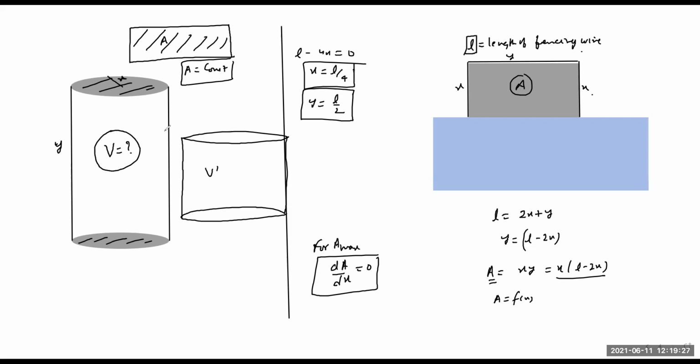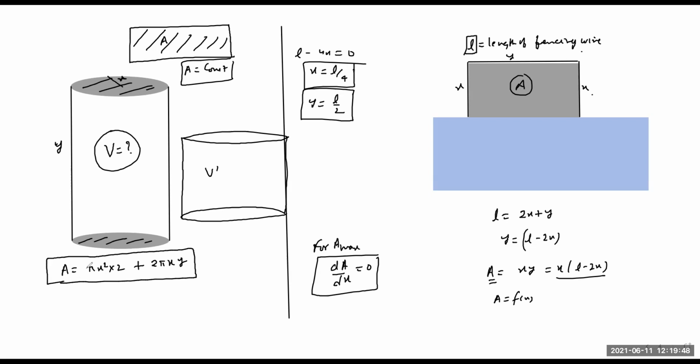So first of all, I will write the area of the can. What is the area of the can? Two flat surfaces, the top and bottom, pi x square into 2, and then we have the curved surface area, which is 2 pi x y. Now this is the constraint, which is given to you.